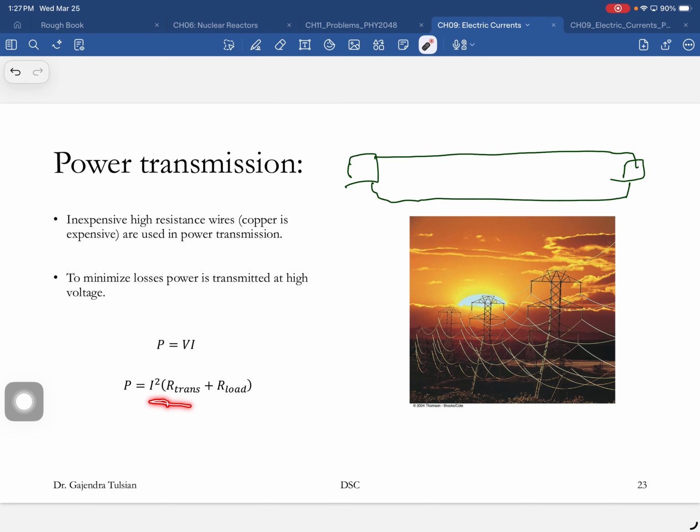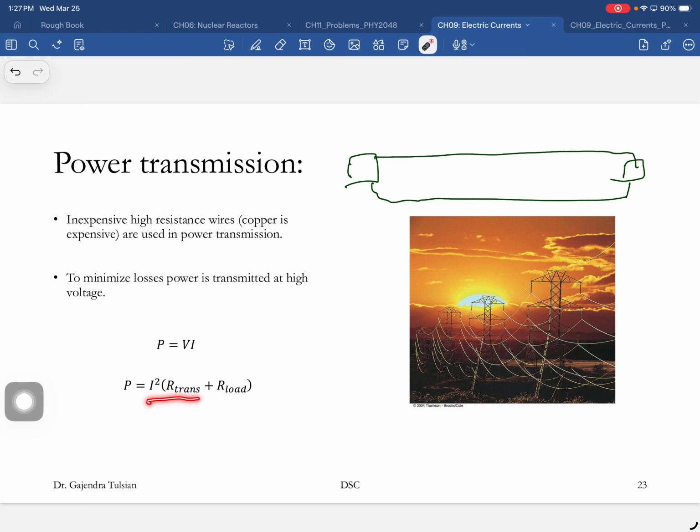Okay, look at this expression. This loss, the resistance. Hoover Dam is about 2,000 miles away. You got to buy 2,000 miles of wire. You can buy copper wire, but that's very expensive. What do you want to do? You want to buy cheap wire, and cheap wire has higher resistance, but anyway, this you can't change.